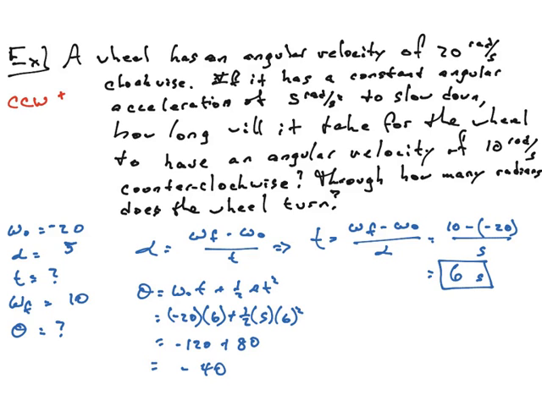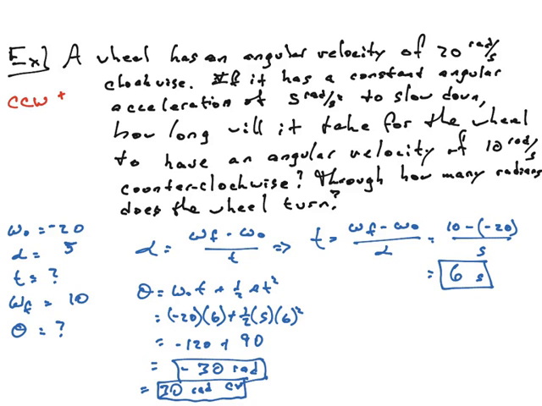I'm sorry, this is 90. Negative 120 plus 90 is negative 30 radians. Or 30 radians in the clockwise direction. Either way, you could say negative 30.